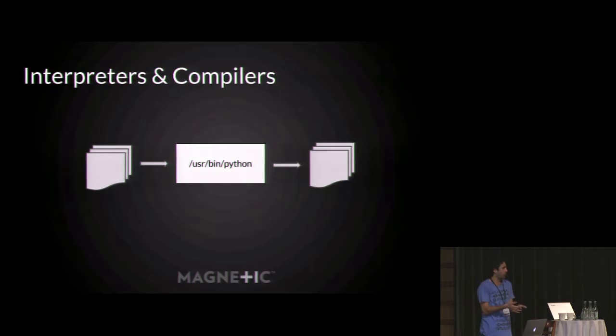An interpreter is a program that takes as input some source code written in a language and produces as output the execution of that program. Either it does that by directly translating it into something that the computer can actually execute, or it does it by translating it into some intermediary form, which then executes on some fake computer or virtual machine.